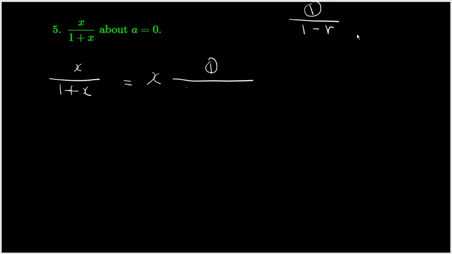Anybody want to tell me r? How do you write the denominator in the form of 1 minus something? Now the denominator is 1 plus x.